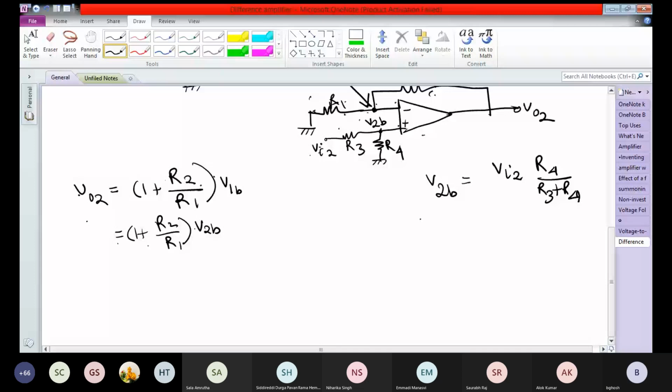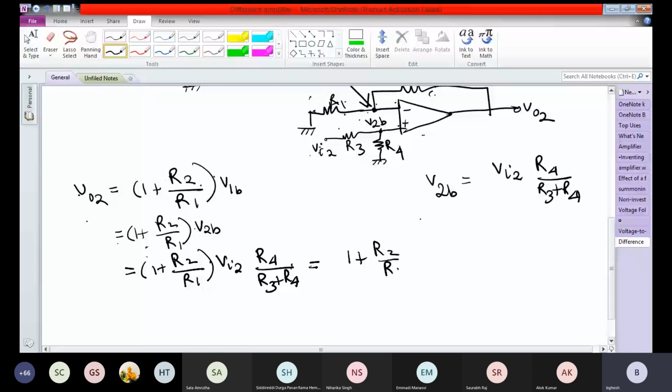So that is equal to 1 plus R2 by R1 times VI2 times R4 by R3 plus R4, which you can also write in terms of resistance ratios: 1 plus R2 by R1 times R4 by R3 over 1 plus R4 by R3, times VI2.